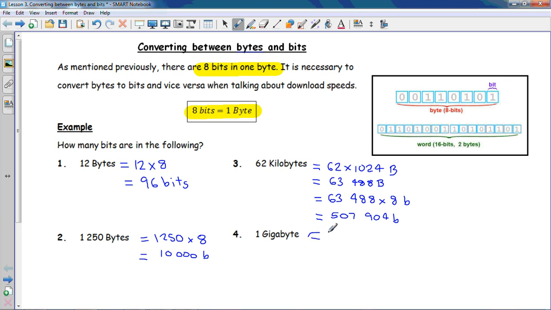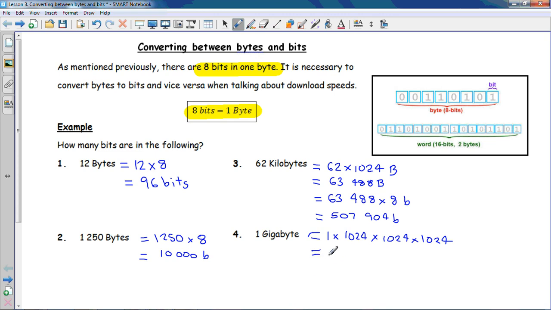So 1 times 1024, so that will get us from gigabytes into megabytes. From megabytes into kilobytes is another 1024. Kilobytes into bytes is another 1024. If you've forgotten that or that is confusing, go back to your previous lesson notes where you have the diagram with the arrows that will show you that conversion.